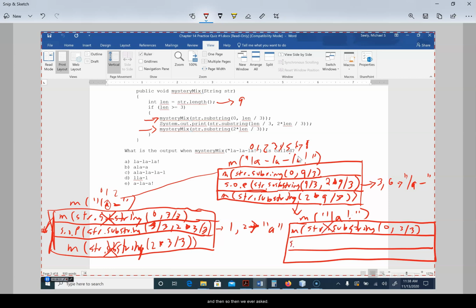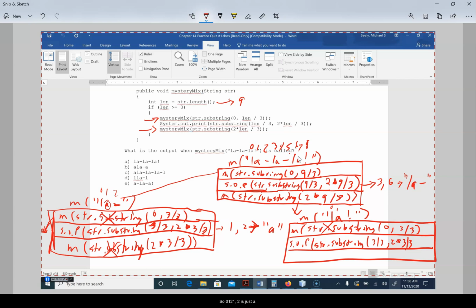And then we have our s.o.p, where we have str.substring. What do we got here? We got 3 divided by 3, and then we got 2 times 3 divided by 3. So we've got 1, comma 2.